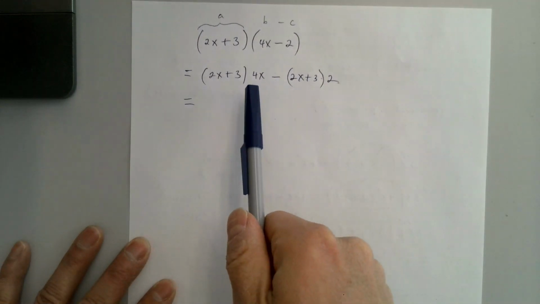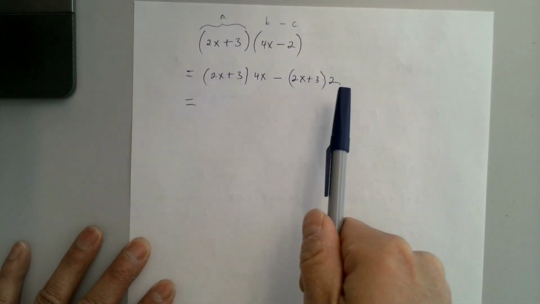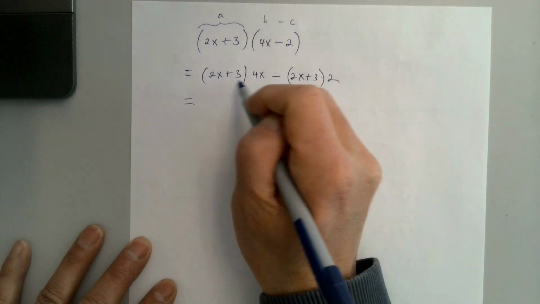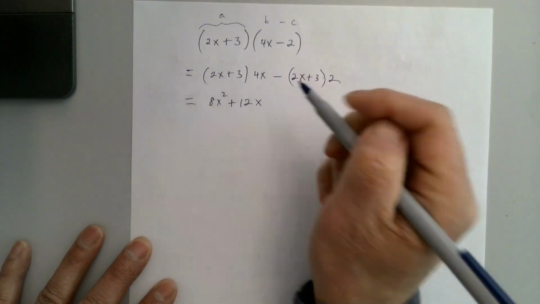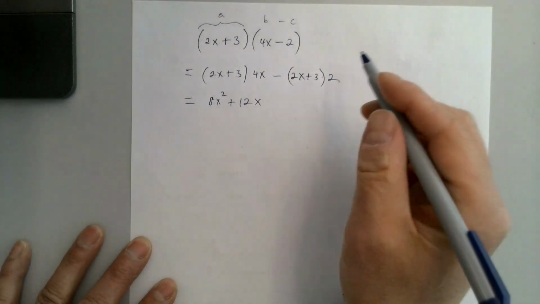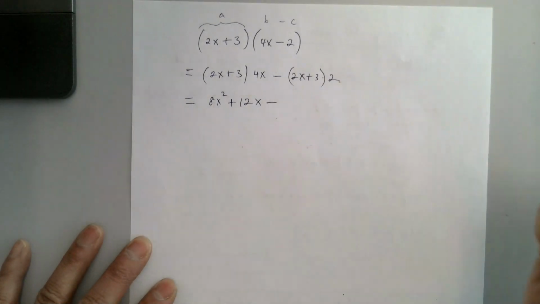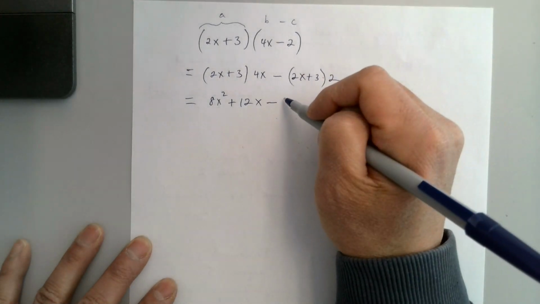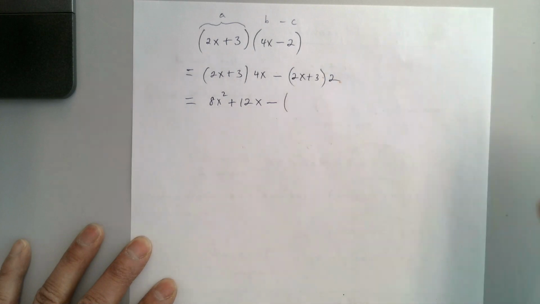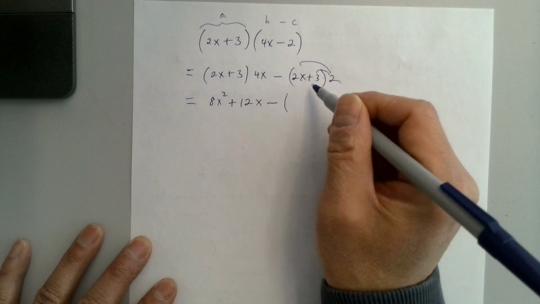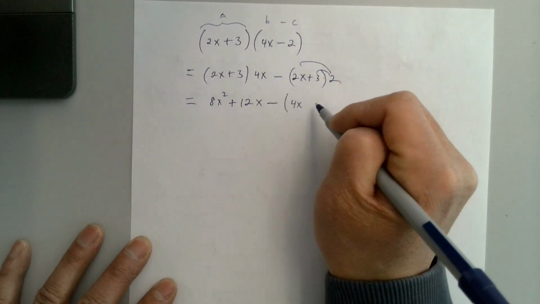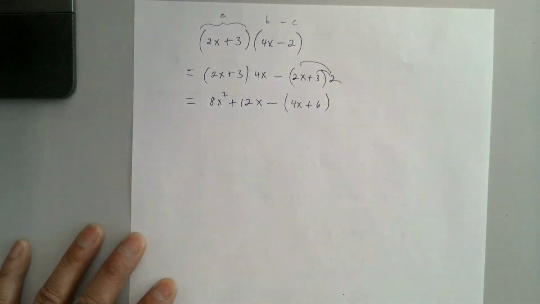Okay, then I have to distribute in 2 places, here and here. 4x times 2x, 8x squared, 4x times 3, 12x. Now here, I have to be careful. There's a minus here, so I need to put what I get here in parentheses, 4x plus 6.